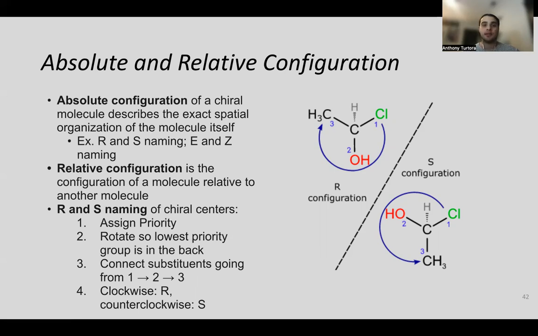The R and S naming, so how we do this is that we first assign priority. We assign priority with the Cahn-Ingold-Prelog rules. This is when we take the group that has the highest atomic number and we assign that as 1. And then we just go down the list until we can label 1, 2, 3, or 4.